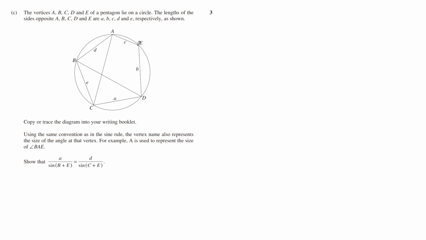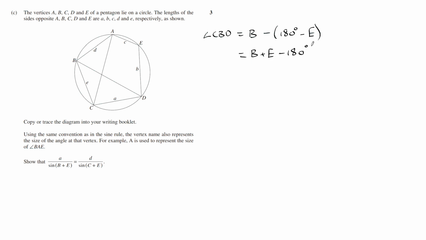So let's see what happens with that. Angle CBD is the angle B minus this one, which is, because that plus that is 180, this is going to be 180 minus that. And then we can simplify that: B plus E minus 180.